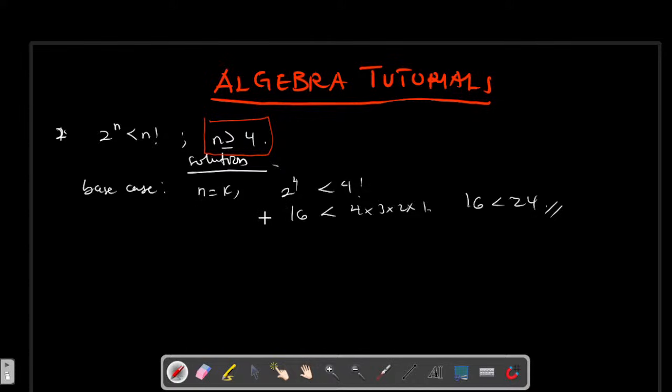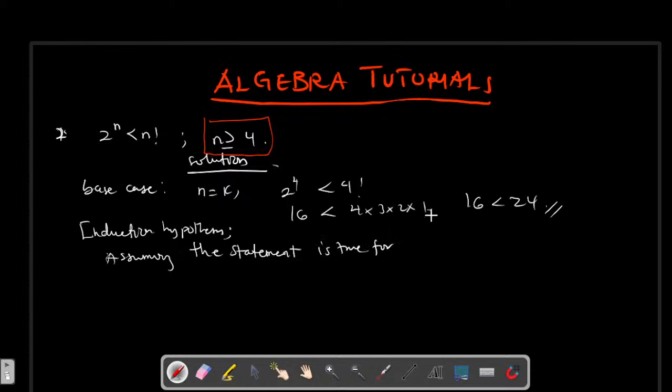But our statement is not true for all natural numbers. We have to prove it first. Now let's go to the induction hypothesis. For the induction hypothesis, you say that assuming the statement is true for n equal to k.